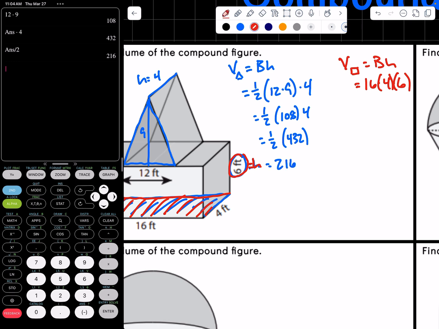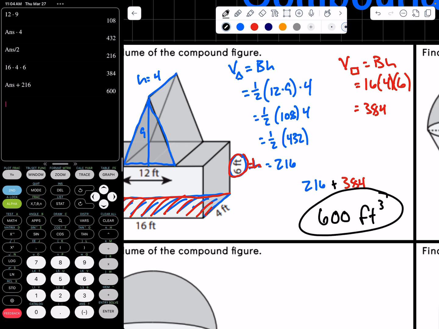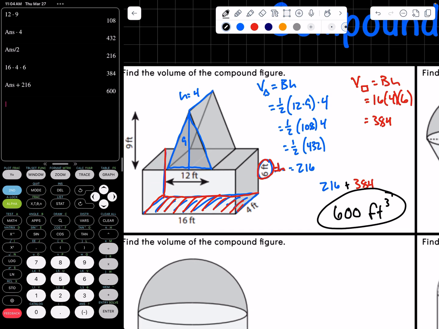And then our rectangular prism, 16 times 4 times 6 equals 384. And so I'm going to combine those. I've got 216 plus 384, and that's going to equal 600. 600 feet cubed. That's all it is. Take each individual piece and then add them together.